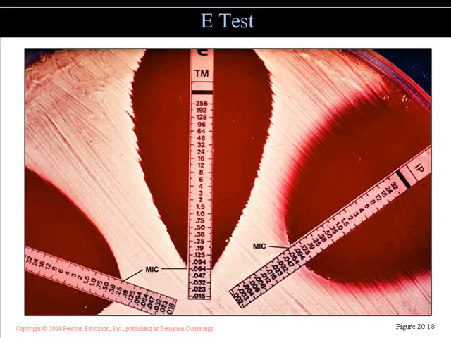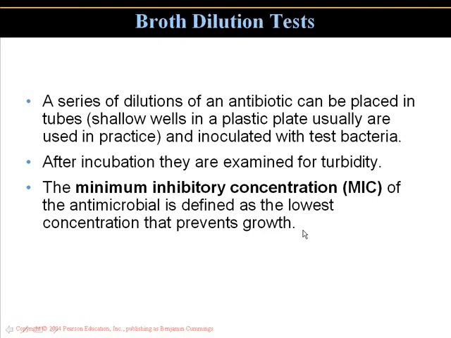This is another example. Now the E-test is a lot more specific. Why? Because it gives you a graded measurement and you know the MIC of these particular agents. MIC is important. Again, the minimum inhibitory concentration of a drug is the lowest concentration of an antibiotic that's used to prevent growth.